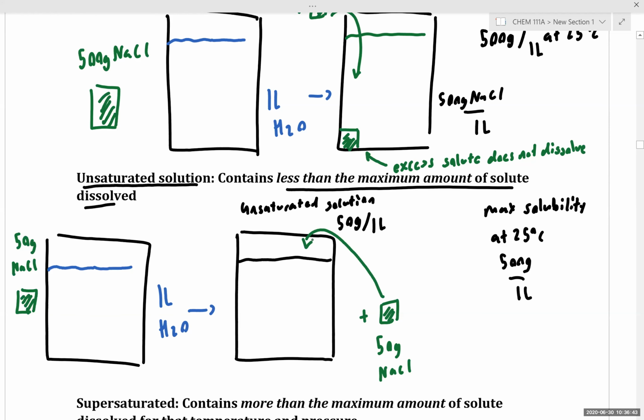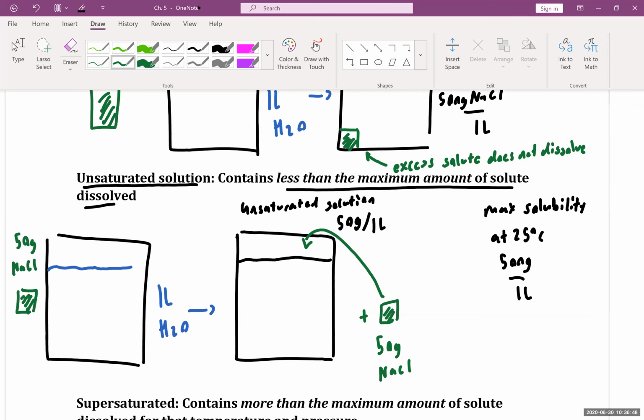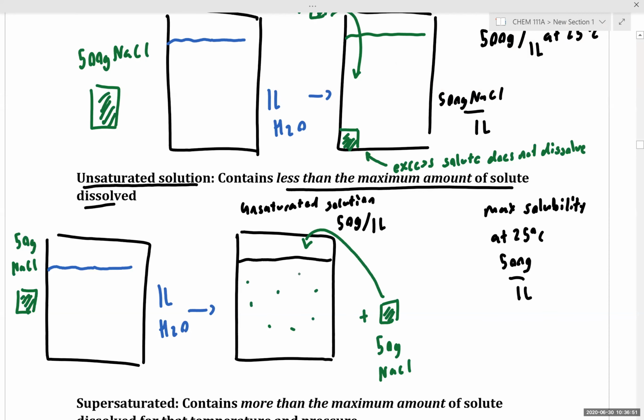If we add some additional sodium chloride, what we'll very clearly see is that additional solute will dissolve, because we still have an additional capacity to dissolve and hold solute in our solvent. We have not yet reached a saturated solution.